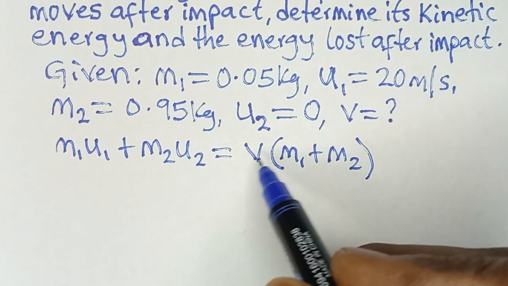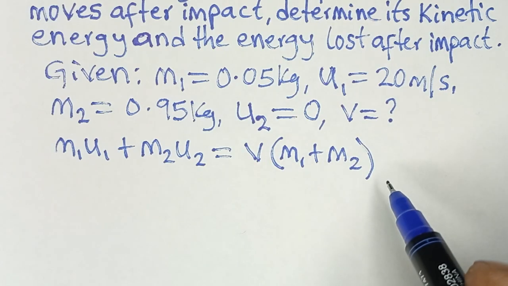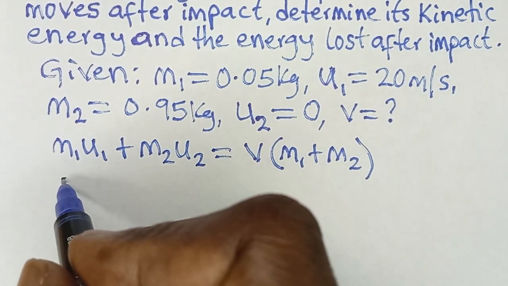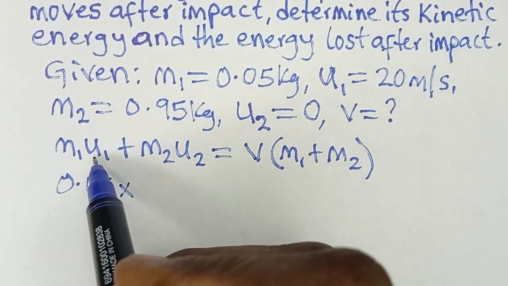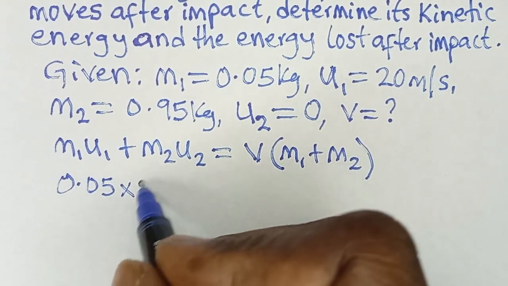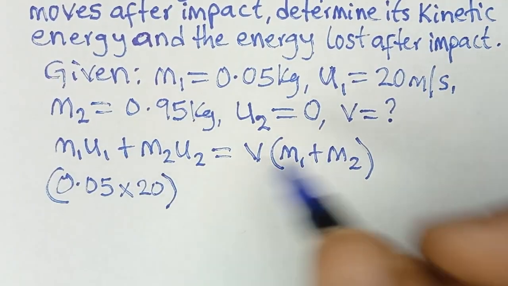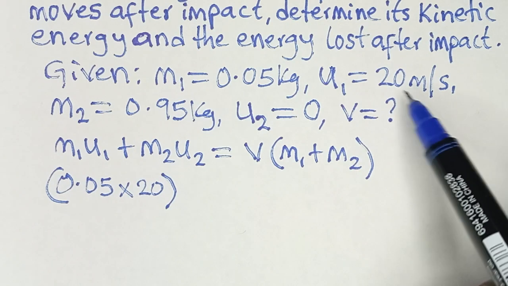This is a case where the two of them move together with a common velocity after the impact. So the first mass there is 0.05 multiplied by its initial velocity, which is 20. Hope you are seeing the values there. So the initial velocity is 20. That is for the bullet now.